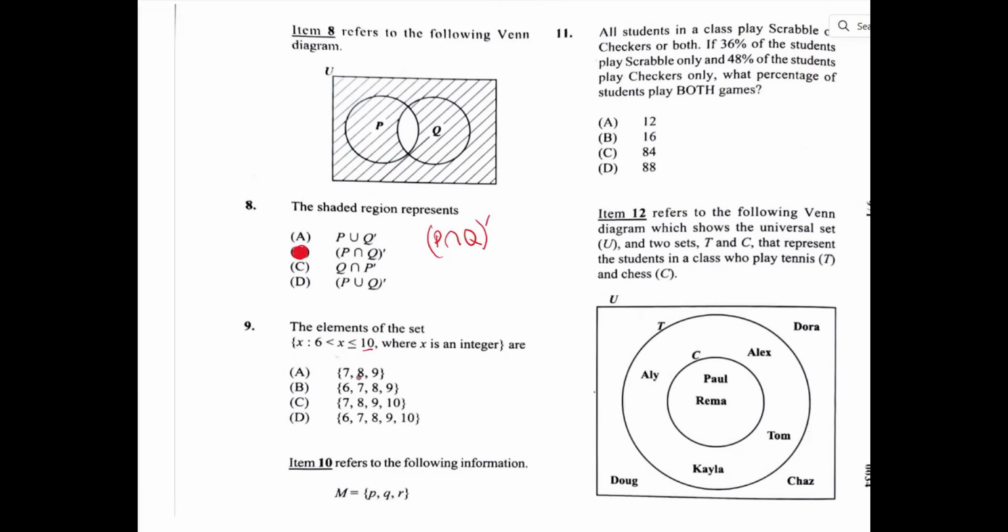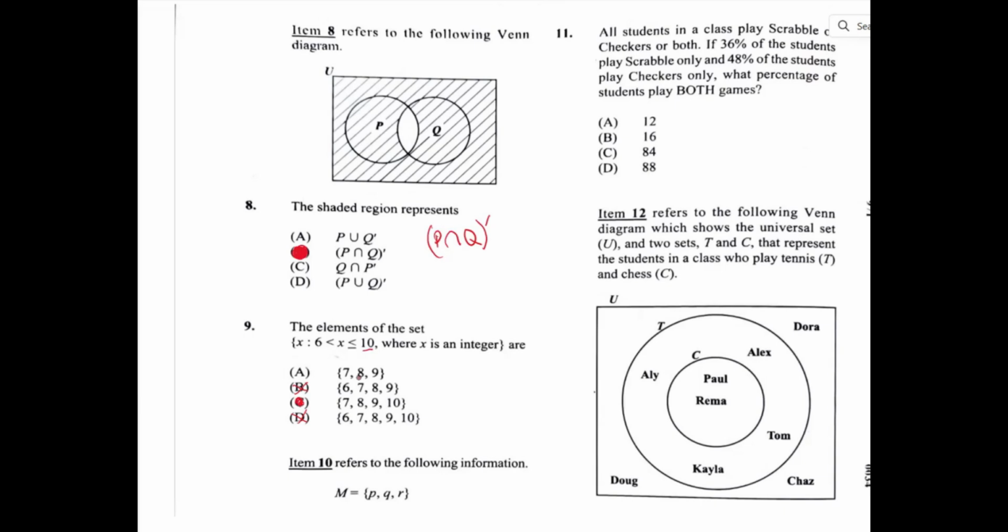So we start with 7, which means that B and D are out. These are out because they start with 6, and you want to end with 10. So between A and C, C is the one that ends with 10.